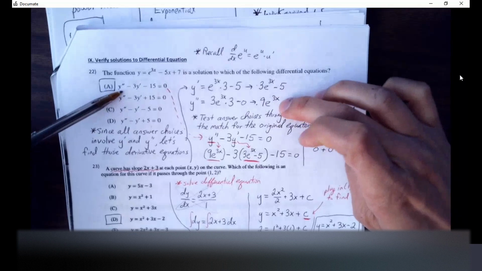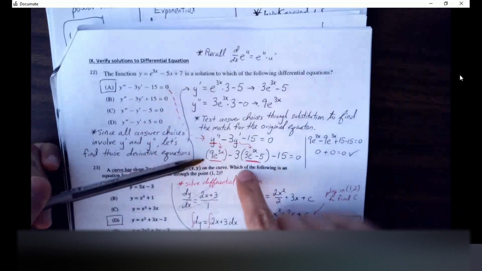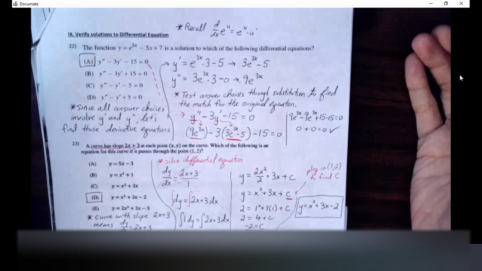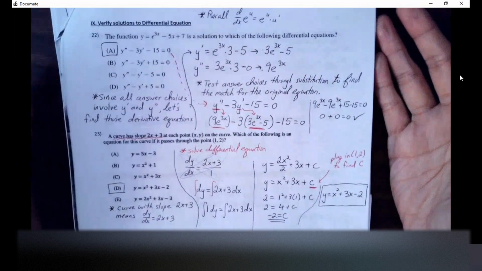So I'm playing with these y prime, y double prime, and see which one will make it a true statement. And it just so happens that it'll work for A. Because if I insert 9e to the 3x for y double prime, and 3e to the 3x minus 5 into y prime, I'm able to get everything resolved. Everything cancels out. So that's the approach for these verifying differential equations.